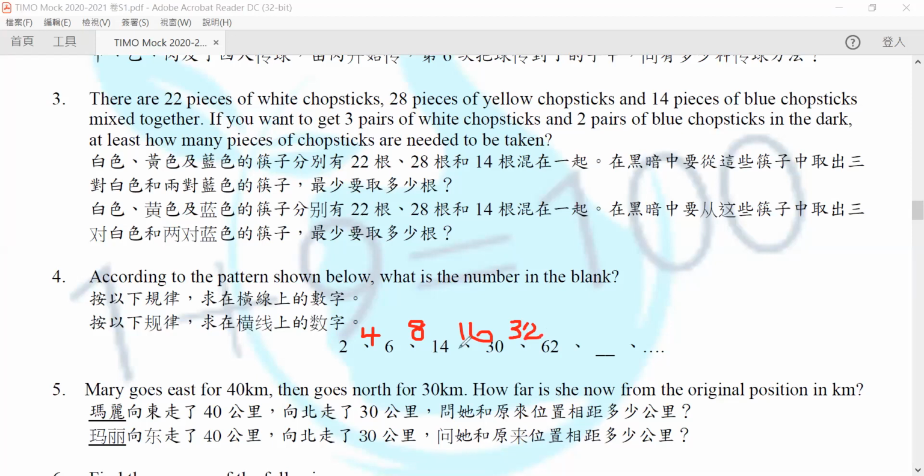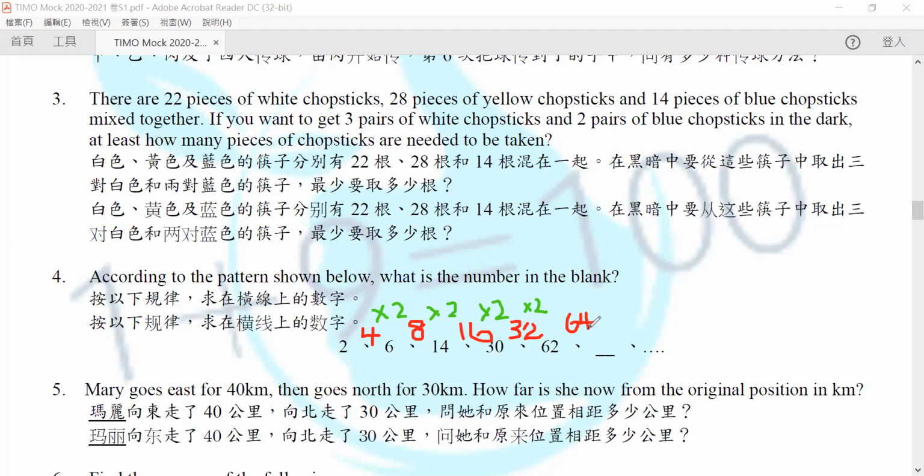If you just look at the differences of adjacent numbers, can you spot the pattern? You will see that all these numbers are actually multiples of 2. 2 times 2 is 4, 4 times 2 is equal to 8, 8 times 2 is equal to 16, 16 times 2 is equal to 32. 32 times 2, which would probably be our next difference, is 64.